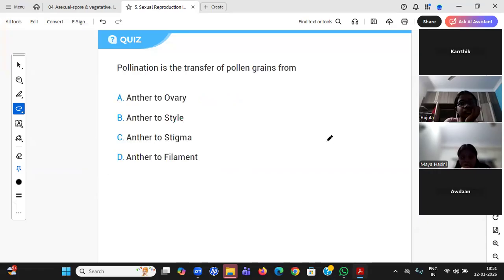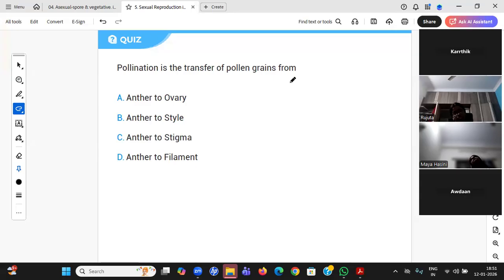Maya, right answer. Pollination is the transfer of pollen grains from which part to which part?